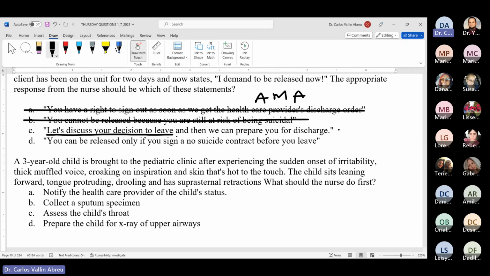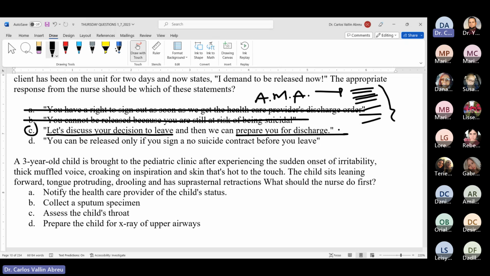And remember that clients that leave against medical advice can receive doctor's orders. If the doctor is informed, the doctor can provide treatment to be continued at home. In those cases, no problem. So there is a lot that can be prepared for the discharge.